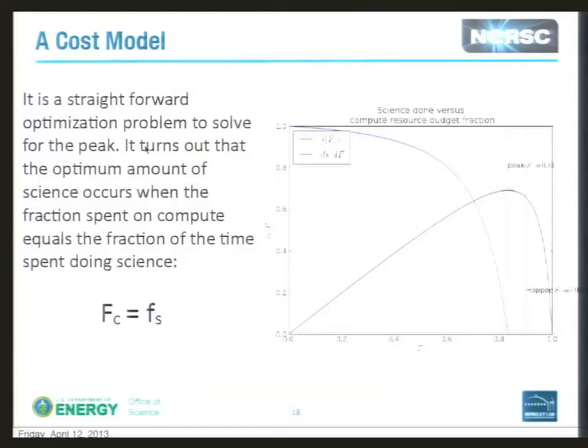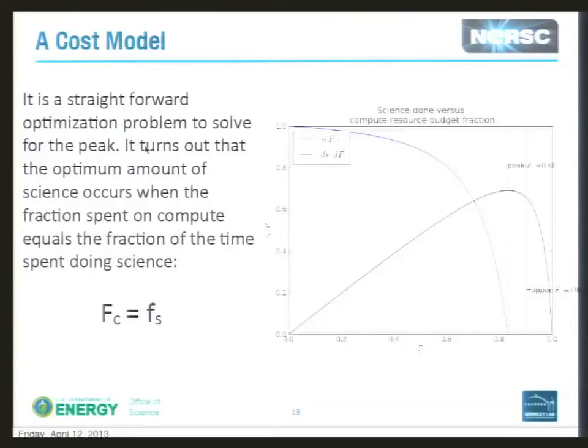Let's see if there's anything else I want to say. Oh yes, the one other cool thing, and the mathematicians in the audience will go, oh cool. It turns out when you're at the peak, the fraction that you spend on compute, which is the big F sub c, is actually equal to what I'm calling little f sub s, which is the fraction of time you spend doing I/O.